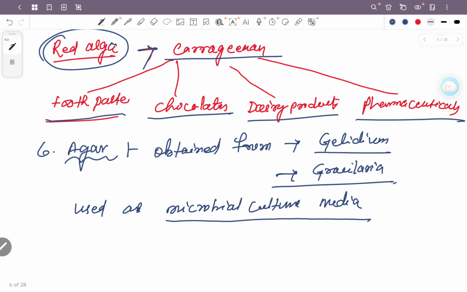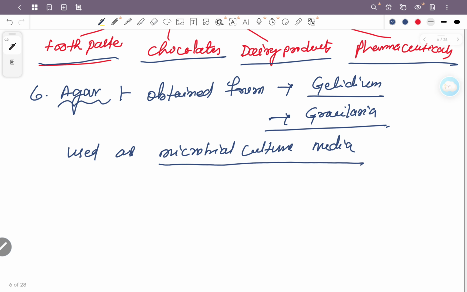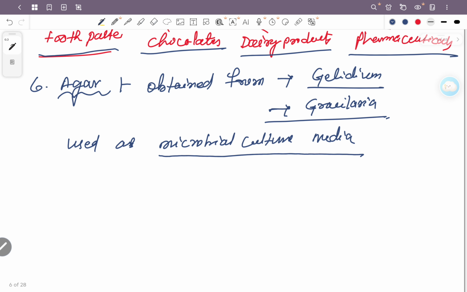If you want to culture bacteria or do tissue culture of plant tissue, then you need agar. And you will read that in electrophoresis. In electrophoresis, the matrix in the tray is prepared by agar. Okay, so it is used as a microbial culture medium. Then it is also used for preparation of ice creams, okay, and jellies, and also in biotechnology laboratories.